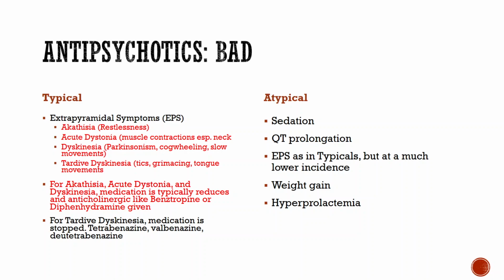So our atypicals, the patient's going to have some sedation. They might have some QT prolongation, and that's so for our typical antipsychotics as well. And then if we prolong that QT wave long and wide enough, we're going to end up with that torsades, which is typically not congruent for life.